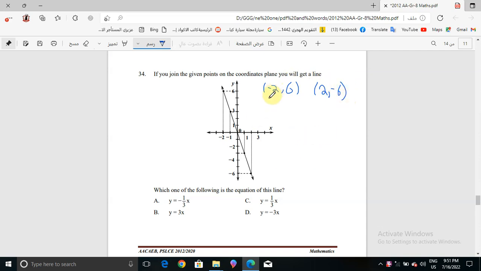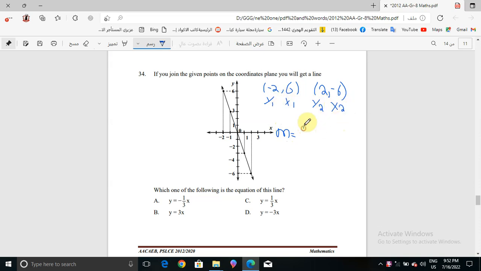Here is the y1, x1, y2 and x2. Then what we will do here, the slope m is equal to what? y2 minus y1, right? Over x2 minus x1.